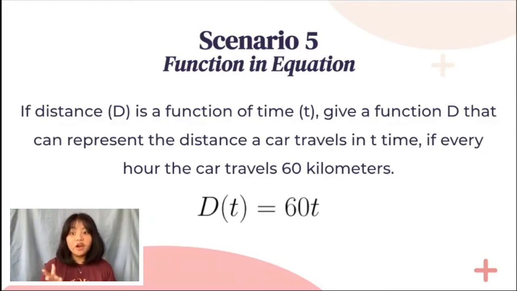Every hour, the car travels 60 kilometers. So, 60 T. Okay? So, if T is your R, so 1 hour, that means naka-travel ka ng 60 kilometers. Pag 2 hours na, that means naka-travel ka ng 120 kilometers. So, represent that in function. It's D of T equals 60 T.